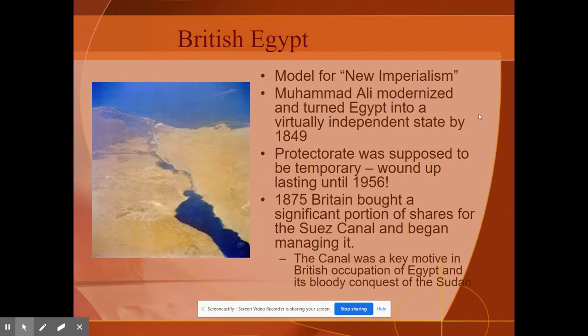In an attempt to modernize his country, Muhammad Ali had taken out huge amounts of debt, and the process of that debt made it so that his country was susceptible to a bank collapse. He'd taken out this money to help build the Suez Canal.